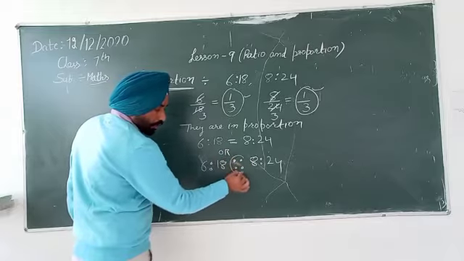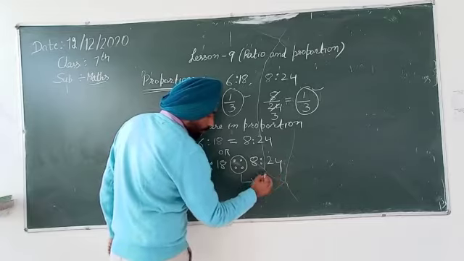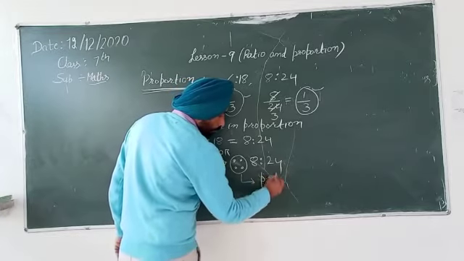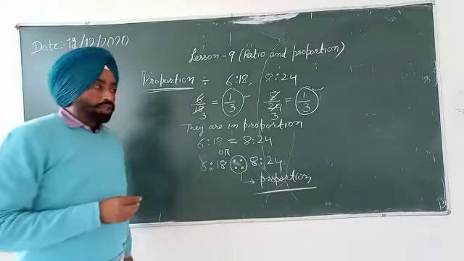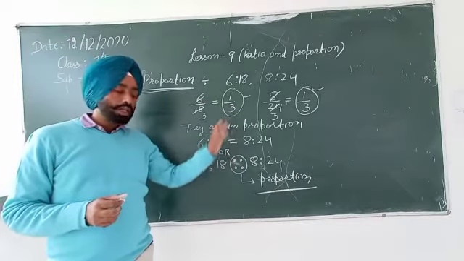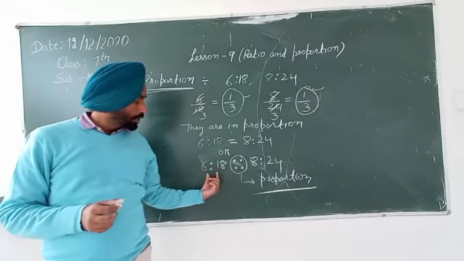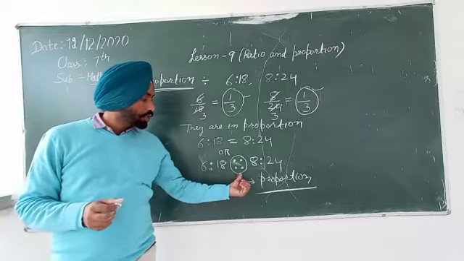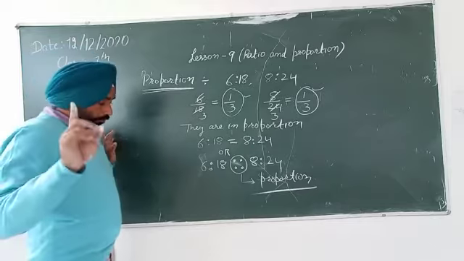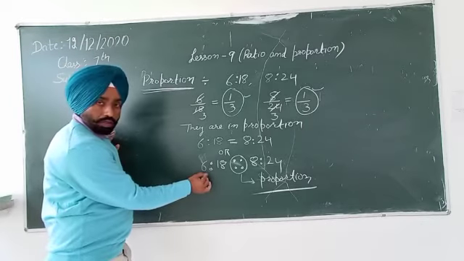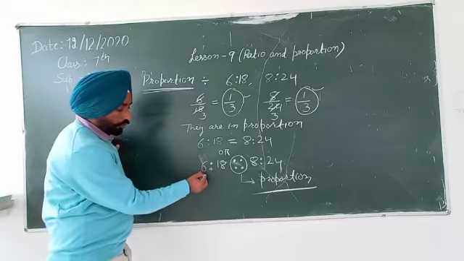This is the symbol of proportion. Okay beta, clear? So if the ratios are equal, then they are in a proportion. Okay, we will read it: 6:18 is proportional to 8:24.